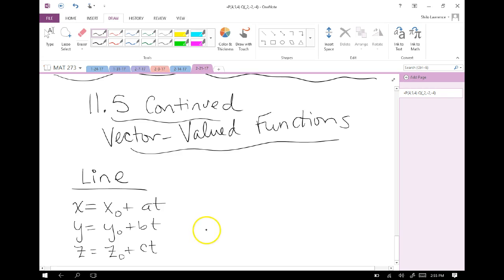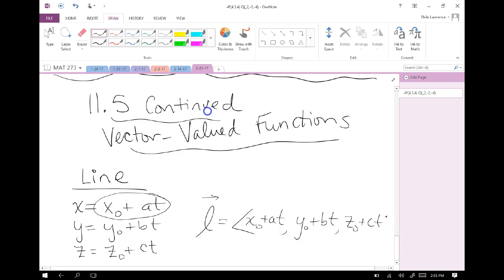We did also say that we could write this line as a vector and treat those individual equations as the components. Technically, this is our first vector-valued function because our components have variables in them. So x sub 0 plus at is our x component, y sub 0 plus bt is our y component, z sub 0 plus ct is our z component.